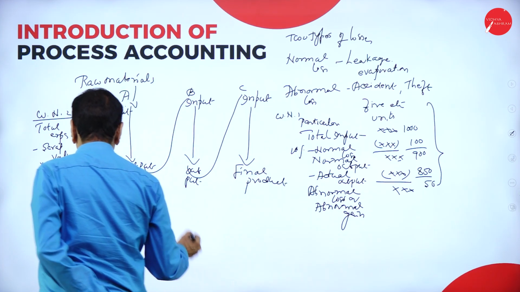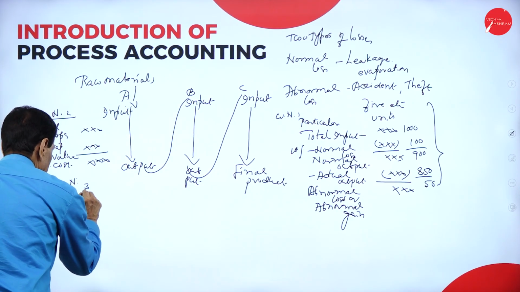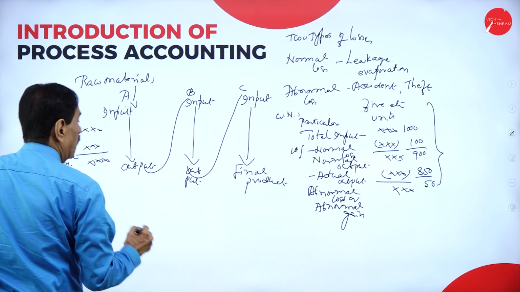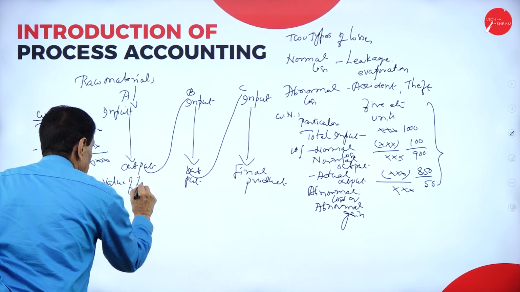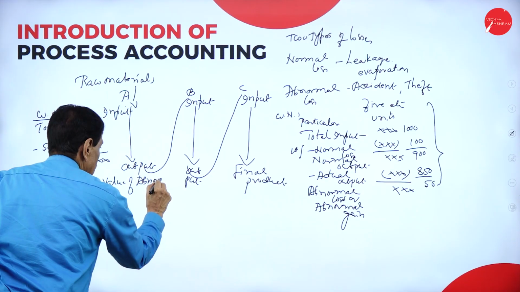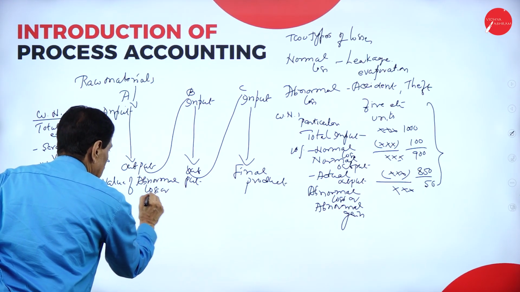Then working note number 3, value of abnormal loss or gain.